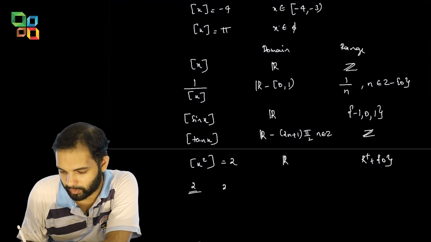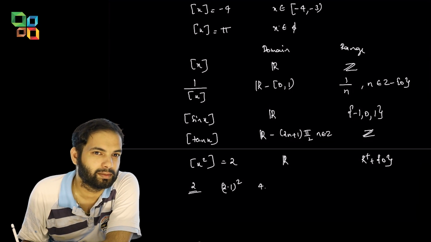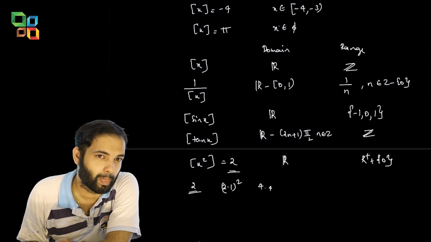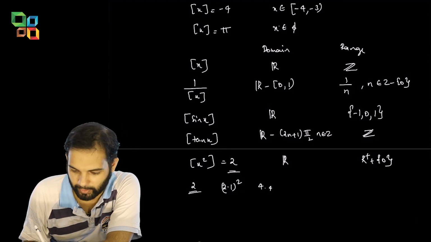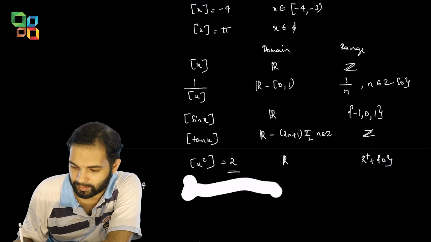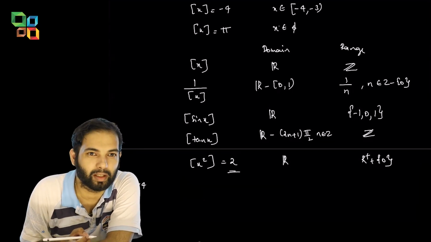Okay, let's see. 2.1 square is what? It is something greater than 4, right? So when is this equal to 2 is what I'm asking. 1.4. You agree 1.4? Okay.